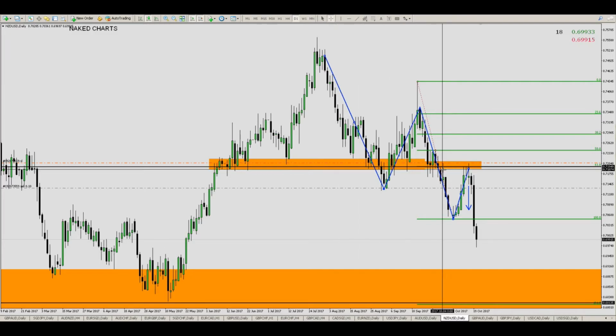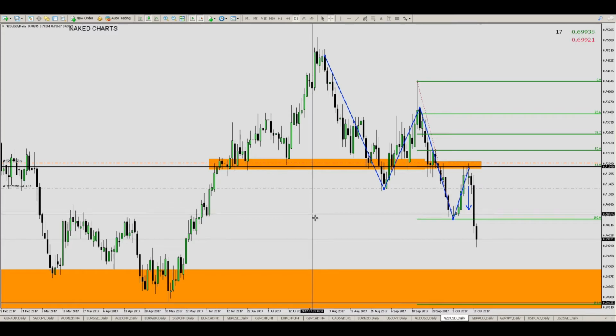Can you imagine? I'm going to lose around 71 pips. So if I multiply my 71 pips, or let's say 72 pips, times 2, I should have 144 pips for a good risk reward, which is 1:2.